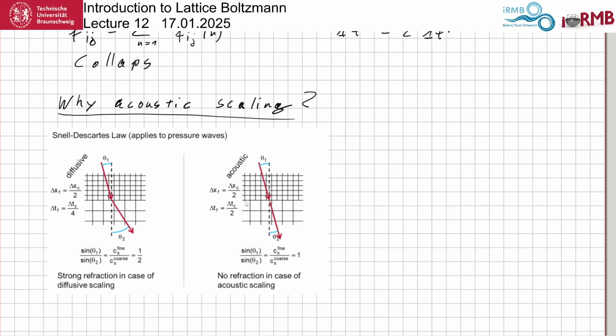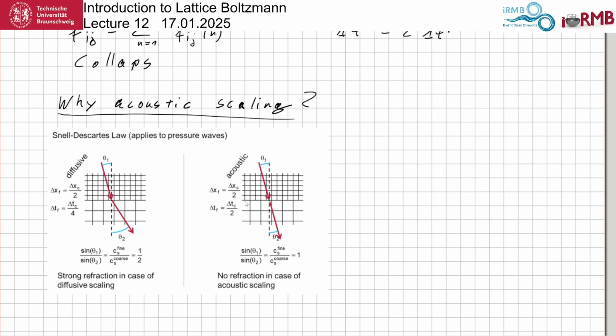We discovered that because in 2D, for example, we have only 9 speeds, and we are missing some of these third-order moments. We can get away with missing these third-order moments if we take a specific speed of sound, the square root of 1 over 3 delta x by delta t.